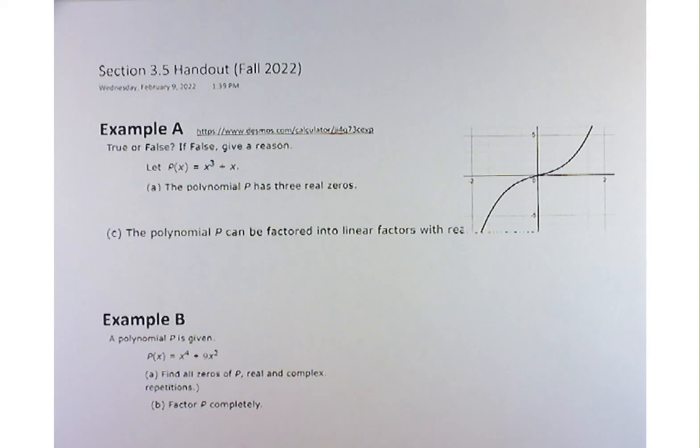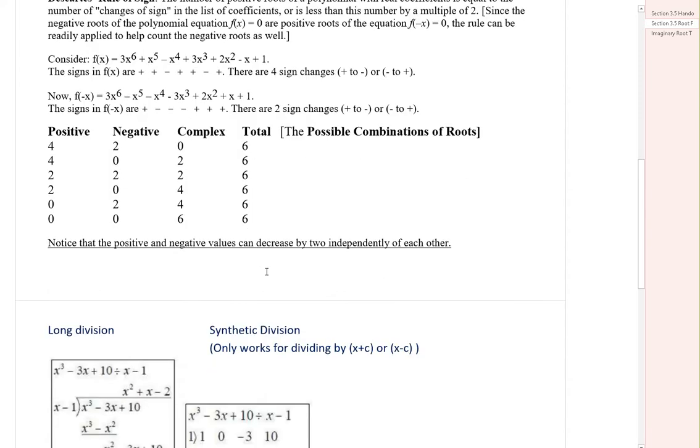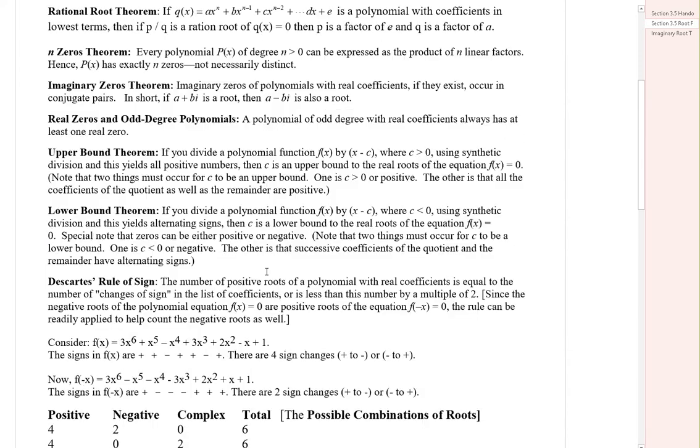Okay, so section 3.5 is going to complete our work with polynomials, and we're going to do it by taking note of a couple things. I used to print out something I called the Root Finder's Toolbox. It was a big handout with a lot of stuff in it, but I stopped doing that because a lot of these things I don't even teach anymore.